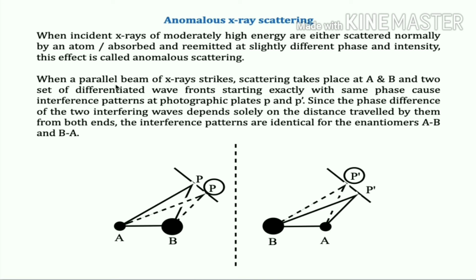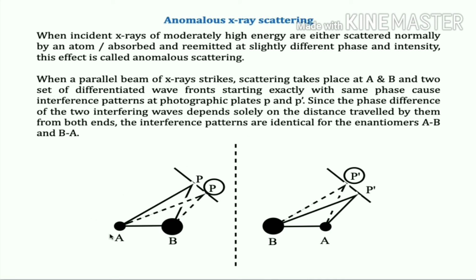When a parallel beam of X-rays strikes, scattering takes place at A and B. Here an imaginary molecule with atoms A and B has been taken, and a parallel beam of X-rays is passed to it. It strikes these two atoms A and B, and two sets of differentiated wave fronts starting with exactly the same phase cause an interference pattern at the photographic plates P and P dash.